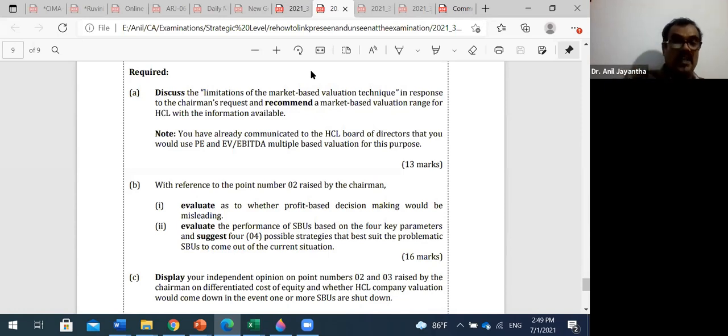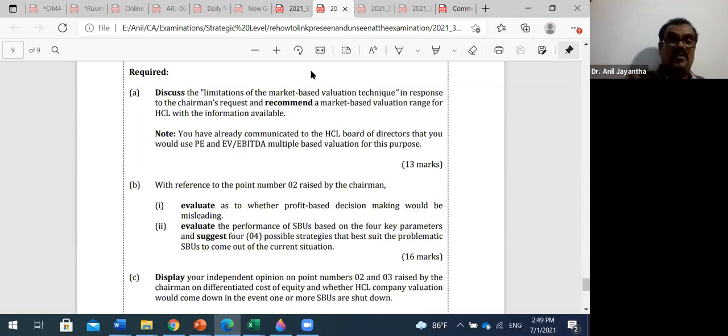Even if it is a request, it is again theory, subject-specific knowledge. To answer that, you can freely answer without referring to the facts given in the case. The facts given in the case help you to identify only the chairman's request. That is different from the market-based valuation. You have to contrast and compare.